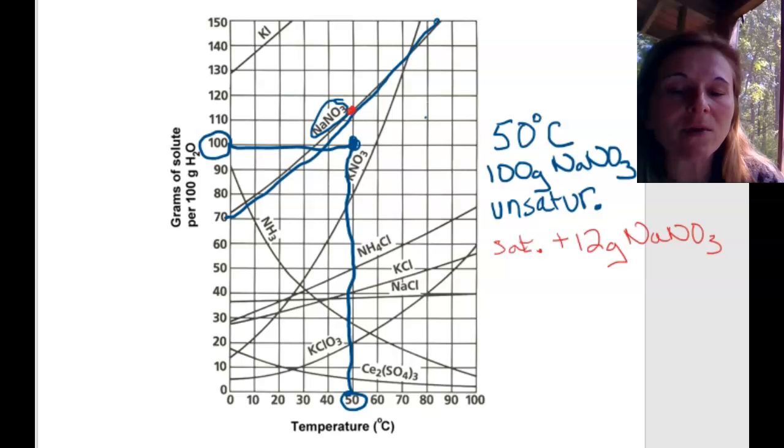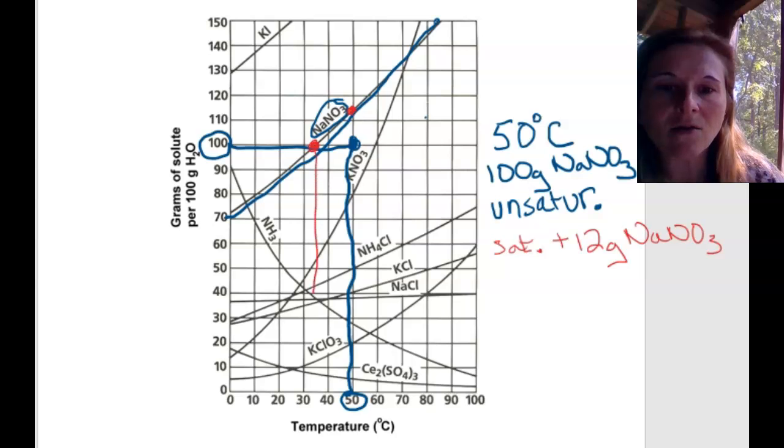But the other thing that we can do is cool our solution. We can bring our line this way. Let's say we don't have more sodium nitrate. Well, we could cool the solution. We want to keep it at 100 grams, and we want to meet that line right there this time, and bring it down. To make a saturated solution of sodium nitrate that has 100 grams, we want to cool this to about 35 degrees Celsius.